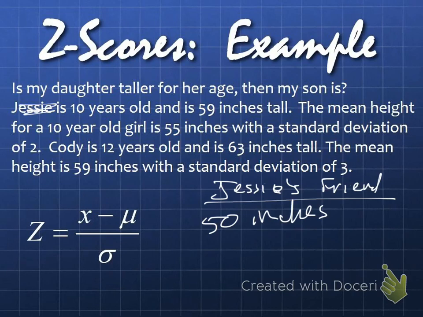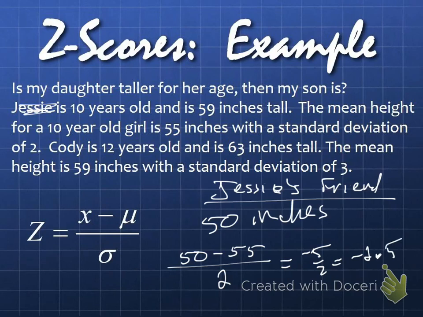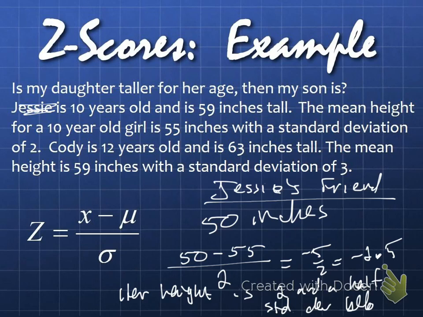Well, where is she in comparison to other 10-year-old girls? So subtract the mean from her height, divide by the standard deviation of 2. You get negative 2.5. So that means that Jesse's friend's height is 2.5 standard deviations below the mean. Notice that before I was talking about above.